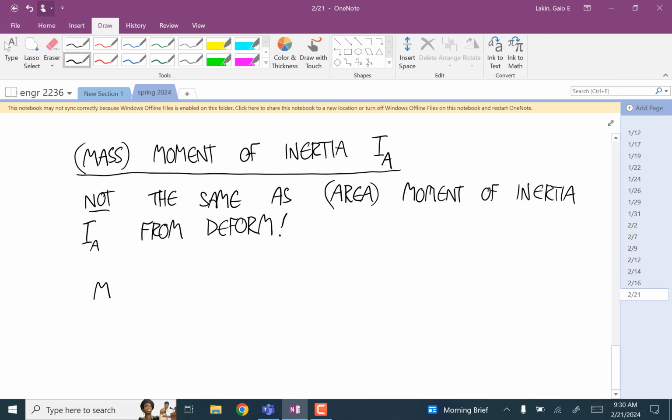And so this mass moment of inertia that we care about measures how hard it is to start a shape rotating, to start an object rotating.